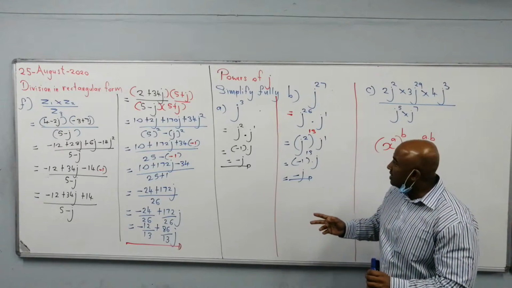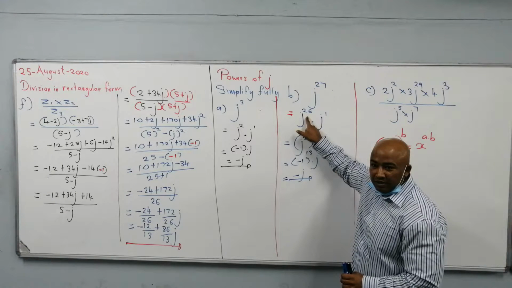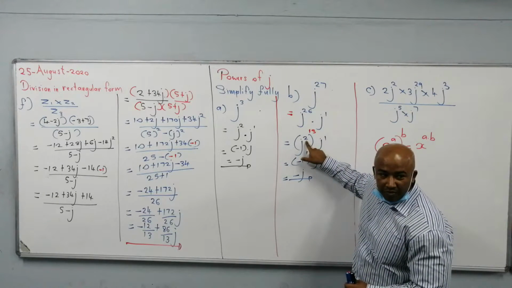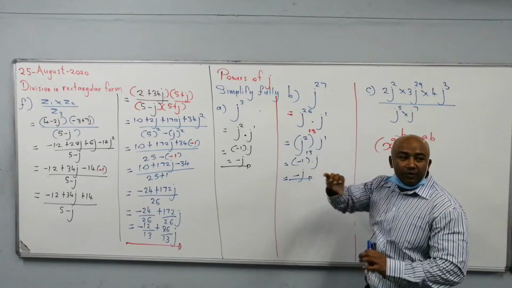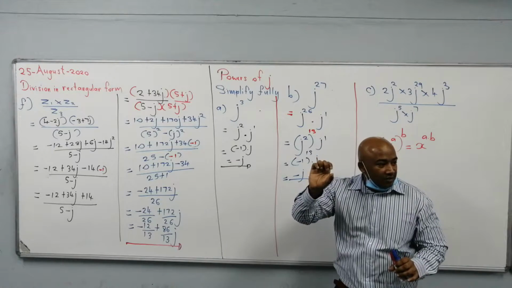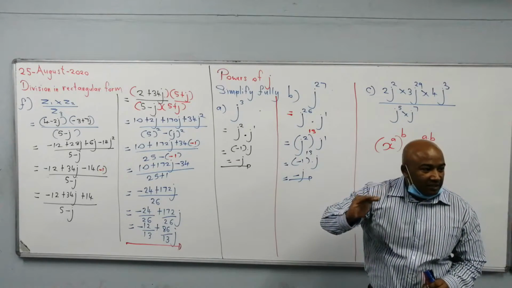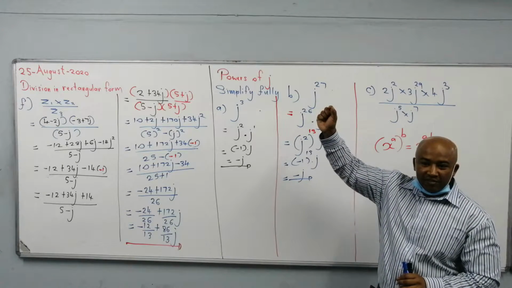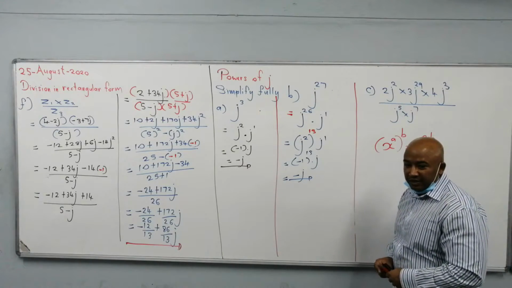The quickest method is to split up your power so you get that even power. So any even number can be divided by 2. Okay, so if I had like 101, I would split it up into 100 and 1. So the 100 can be divided by 2. So it's going to be j squared all raised to the power 50. Okay, next one. Let's deal with the next one.